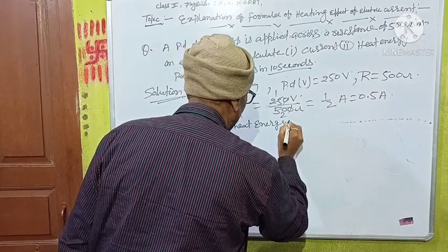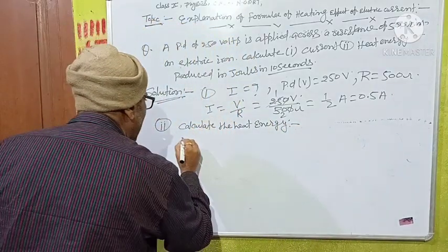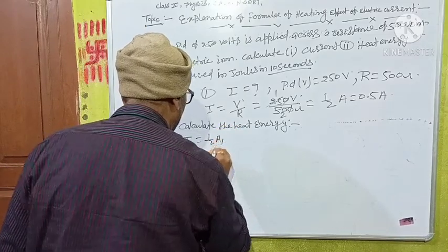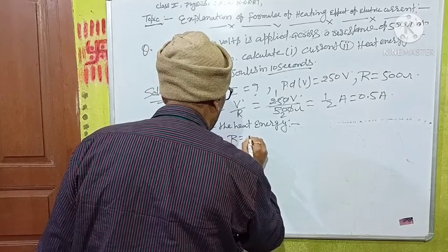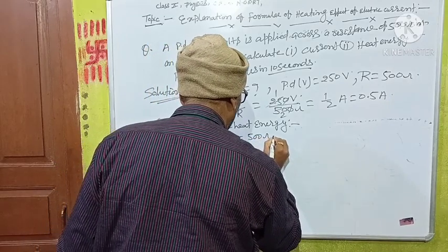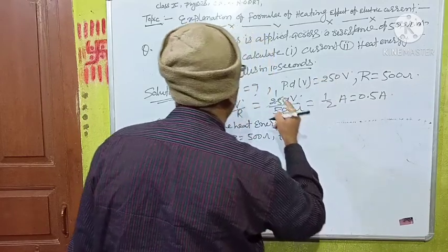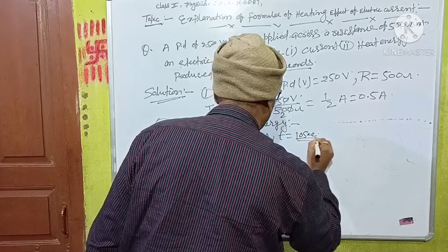So here I is equal to 1 by 2 ampere, R is equal to 500 ohm, and T is equal to, as given in the question, 10 seconds.